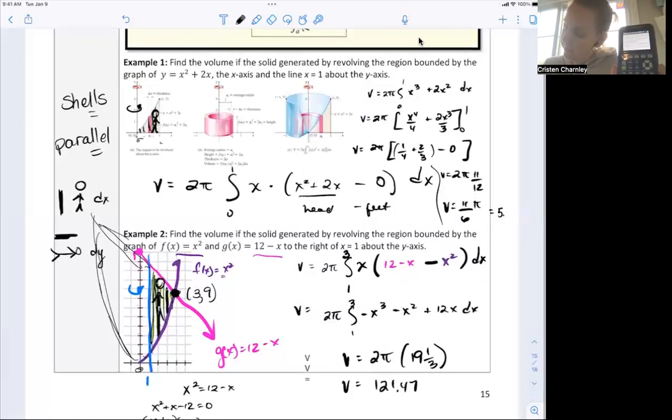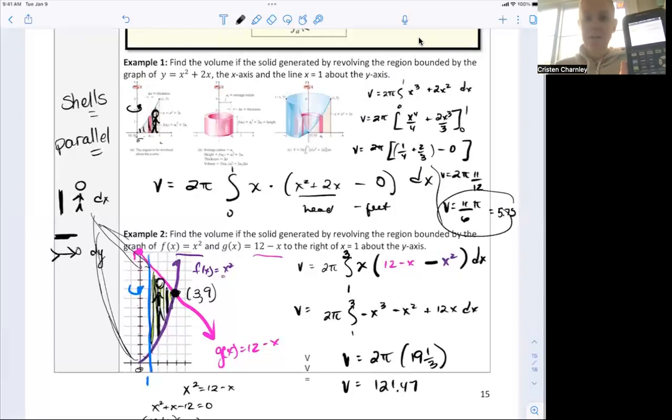Equals 5.75, which I think is going to be about what we had before. That should match. All right, it does. Okay, there you go.